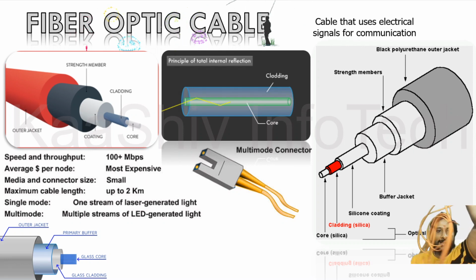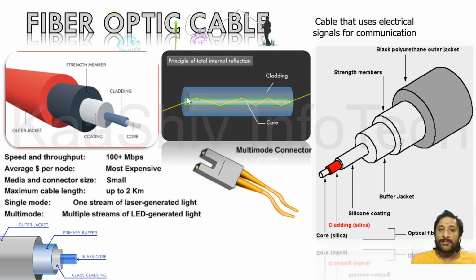You are seeing the cladding layer here with the outer jacket. So you got the core layer here, cladding layer here, coating, and strengthening layers, because you need a little bit of strength. On top of it, you got the plastic shield like this. Okay, this is your optical fiber.